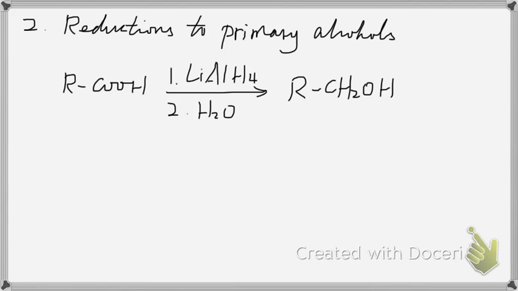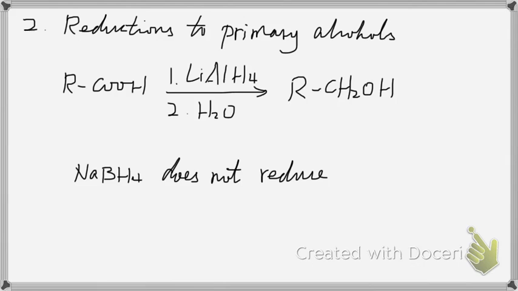And we typically will need excess lithium aluminum hydride because the first equivalent of hydride will react with the acid in the acid-base reaction. Hydrides are bases, okay? And we need excess hydride to reduce the carboxyl group.